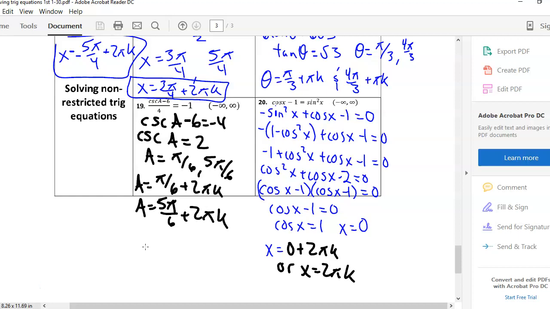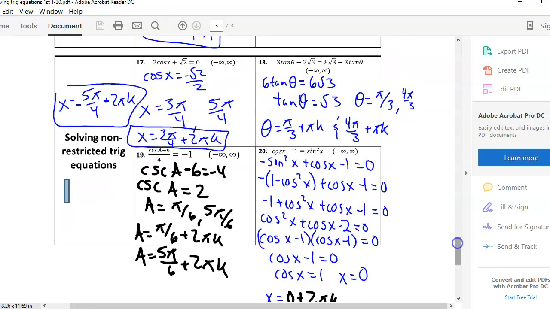I want to say these two, but whatever your answers were, depending on the period of the function, you either add 2 pi k or add pi k. So I think these two we didn't do, I did on my own. So after you solve them, you end up with pi over 3 and 4 pi over 3, but the period of tangent is pi, repeats itself every pi. So you would add pi k to both.